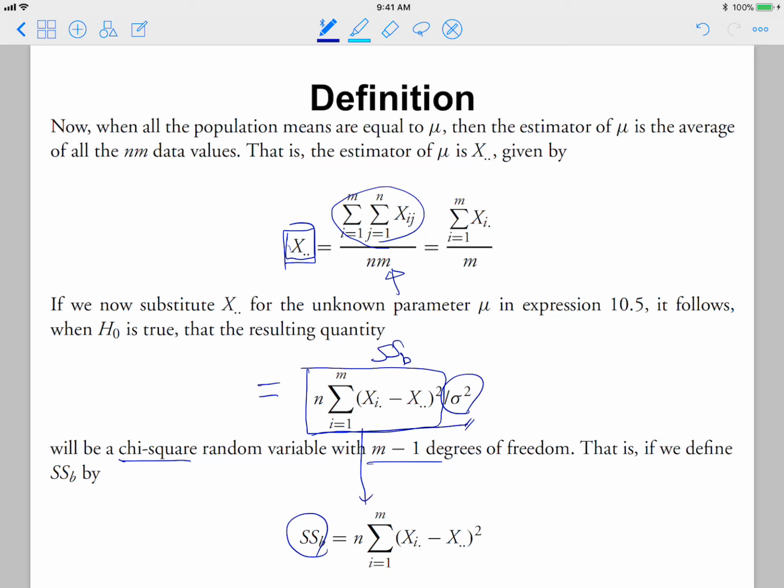In the case of the expectation value of this, it will be m-1, because the mean or expectation of a chi-square distribution is the same as its degree of freedom. Then we replace this with the right hand side, and we move this to the denominator of the left hand side.